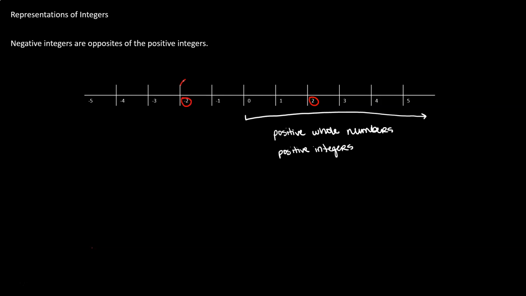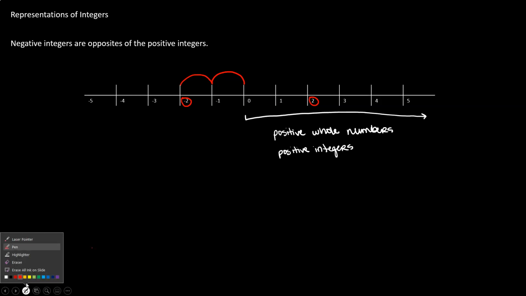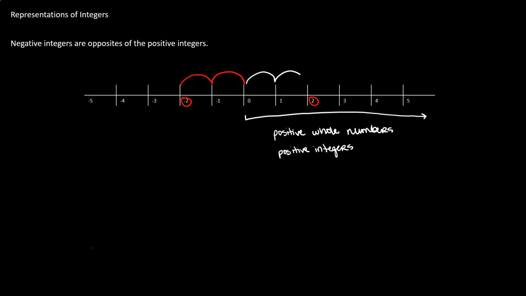And we can see that because negative 2 is 2 units away from 0 to the left, whereas positive 2 was 2 units away from 0 on the right. So 2 and negative 2 are opposites. And we could do this with every positive integer.